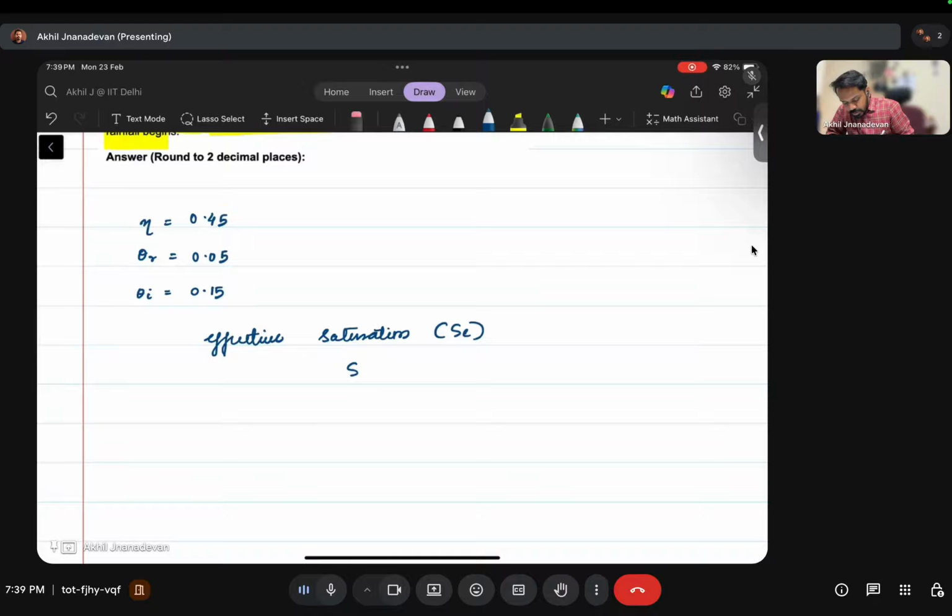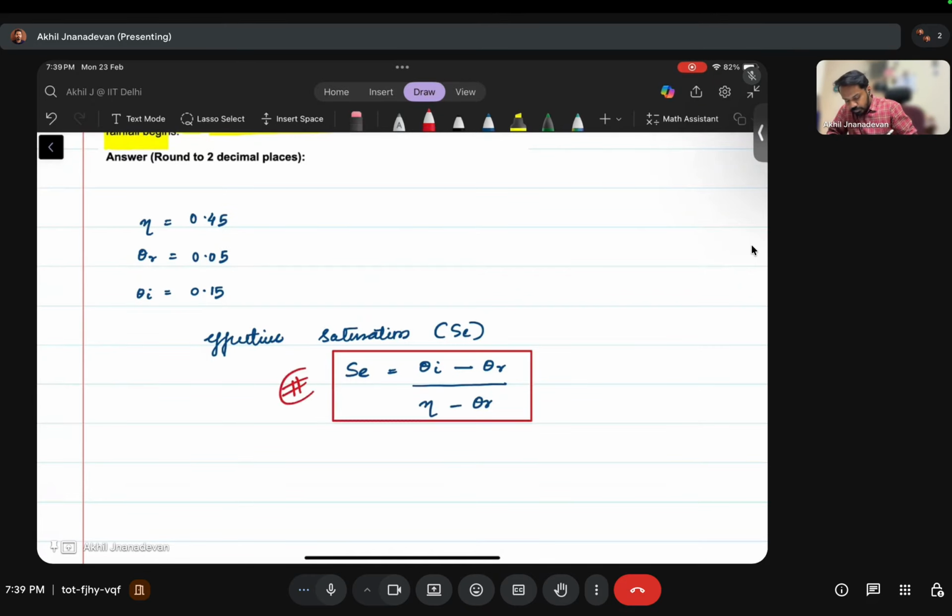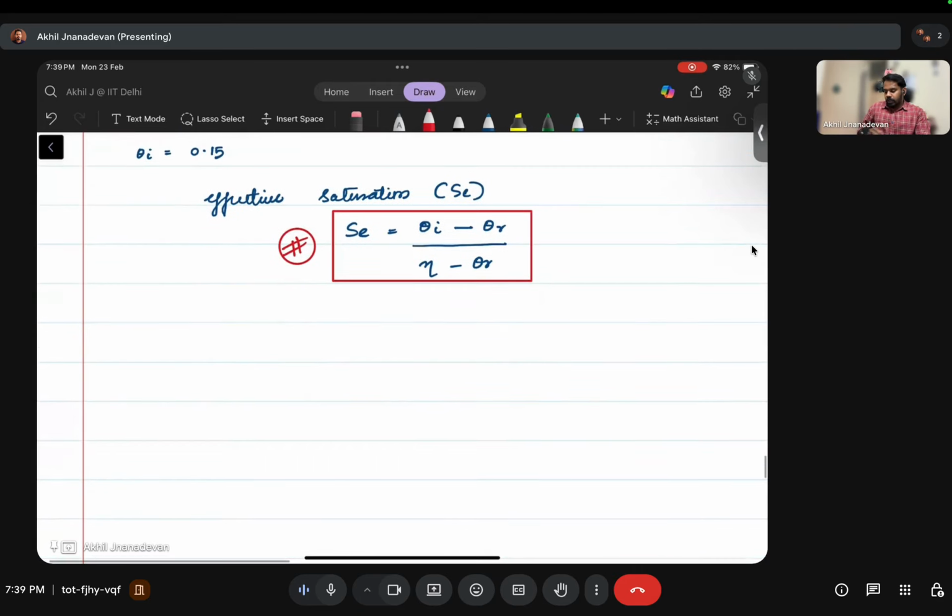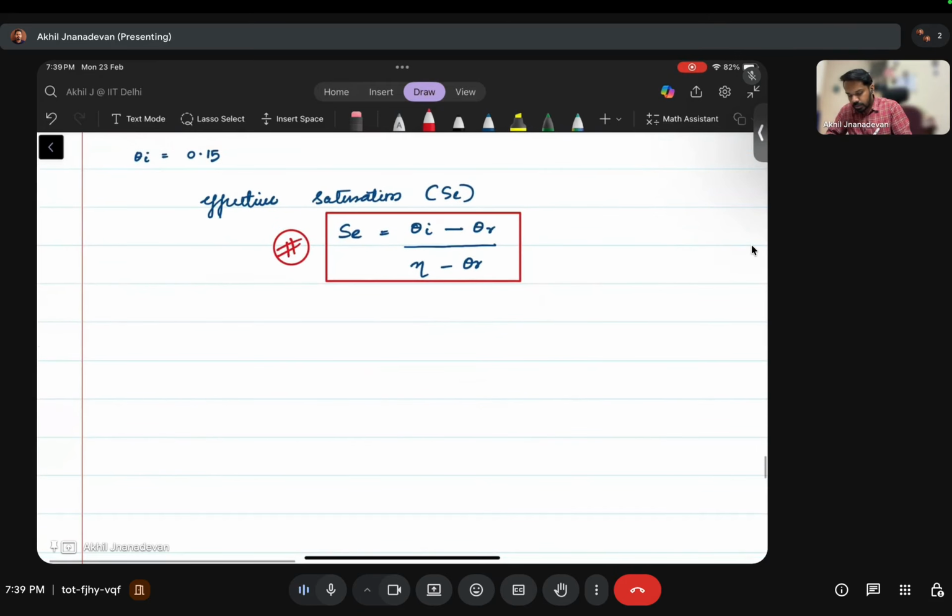So the relation is Se is given by theta I minus theta r, divided by eta minus theta r, right?